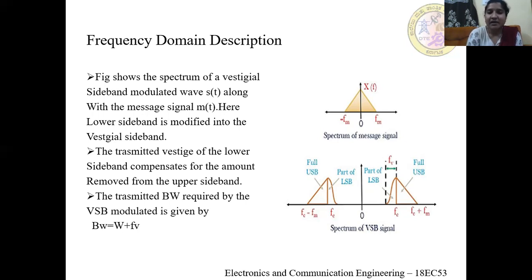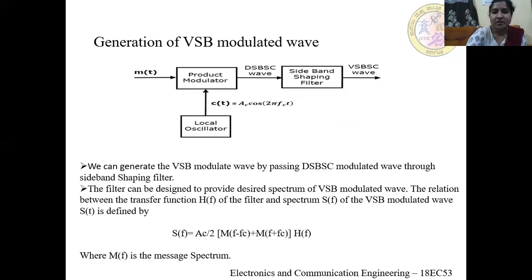The transmission bandwidth required for the VSB modulated wave is given as bandwidth equal to W plus fv. fv is nothing but the vestigial frequency. So this is about the frequency domain description.